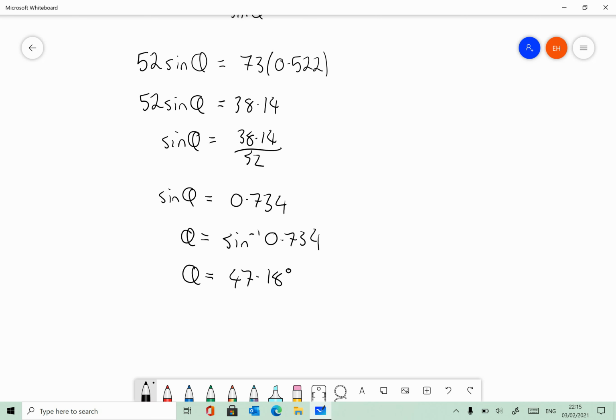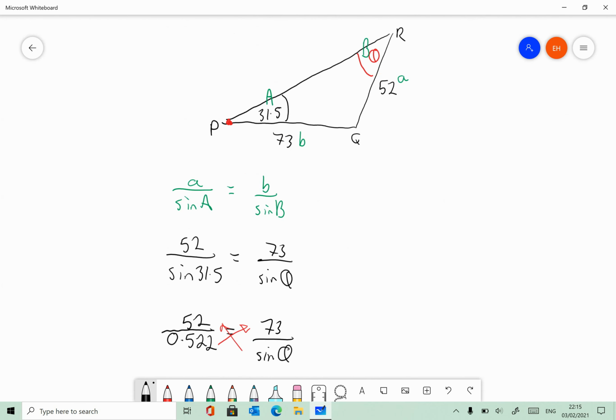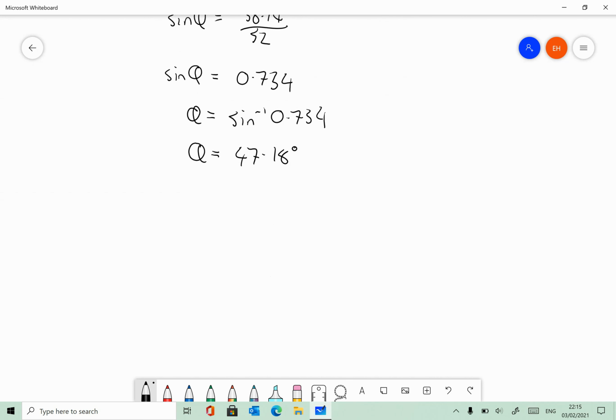So I've worked out what theta is there, or I've worked out what P or Q is. Then it asks me to find P or. So I can now fill in 47.18 into my diagram. So the diagram now looks like this. That's 31.5.